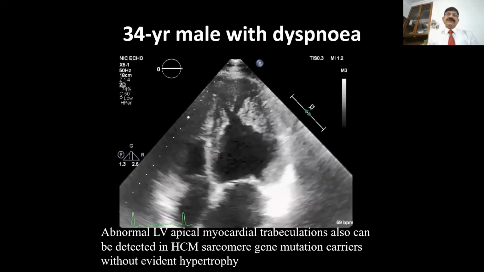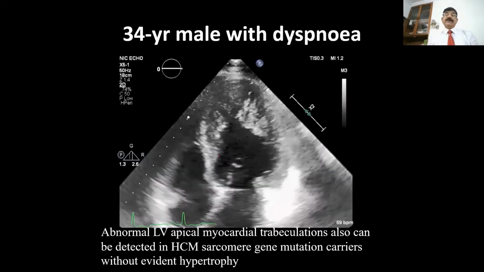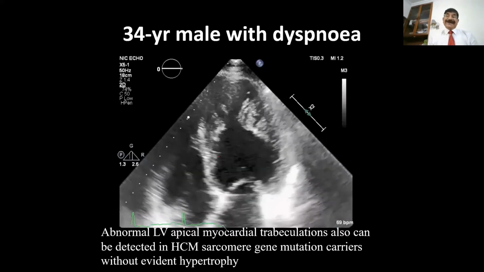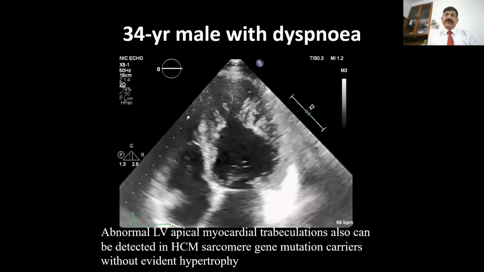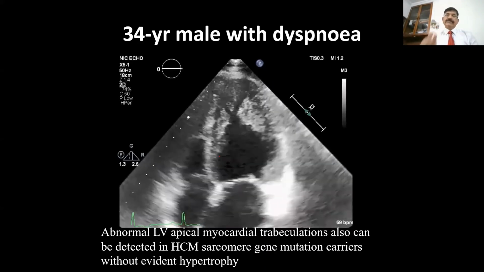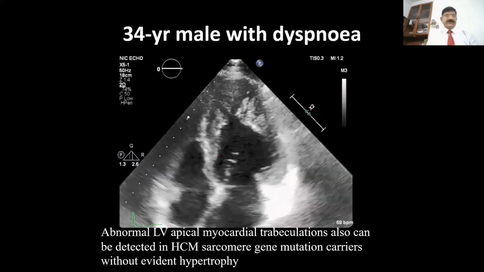Here, it is not the muscle thickness, and you probably would think that this is more like a non-compaction of the left ventricle. There is an overlap between non-compaction of left ventricle and hypertrophic cardiomyopathy. There can be a common sarcomeric protein gene variation which could account for the two.